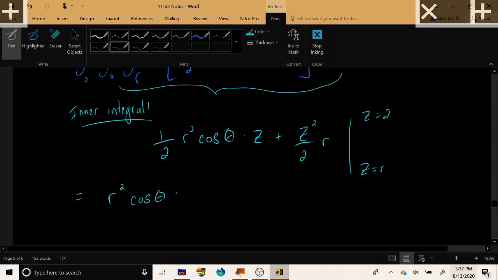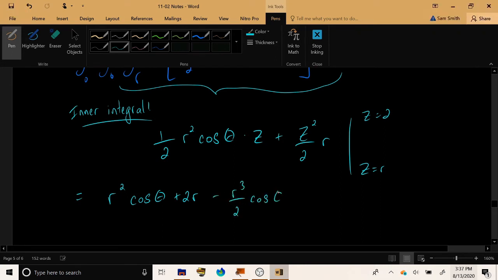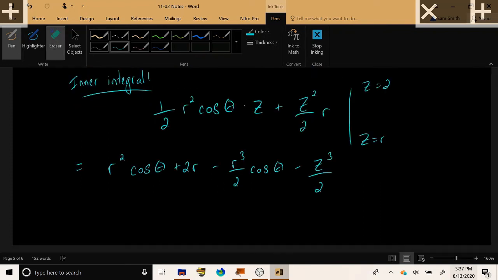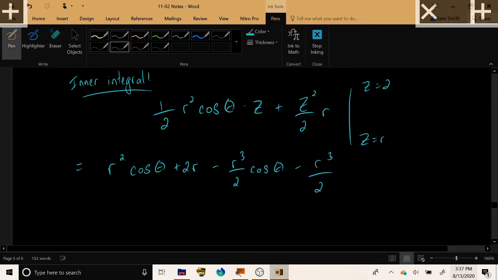Z equals 2, we now have 2r. Z equals r, we now have r cubed over 2 cosine theta. Z equals r, we now have r cubed over 2.